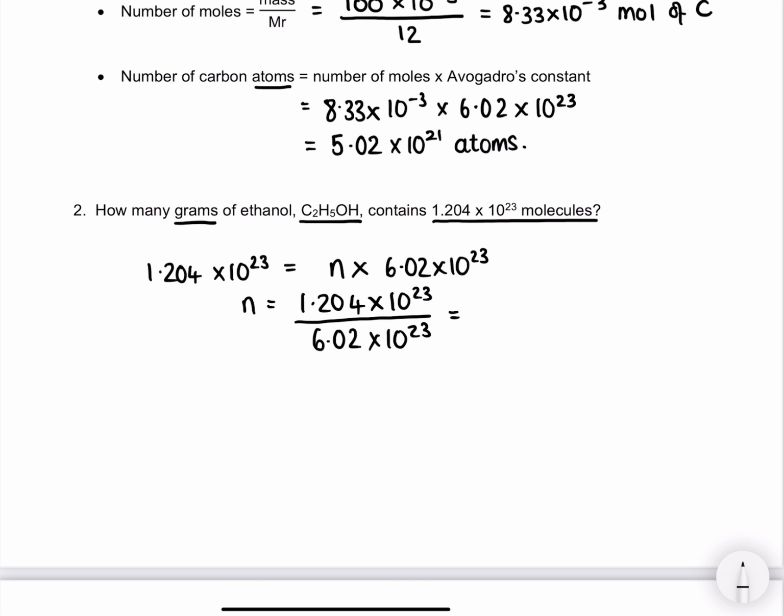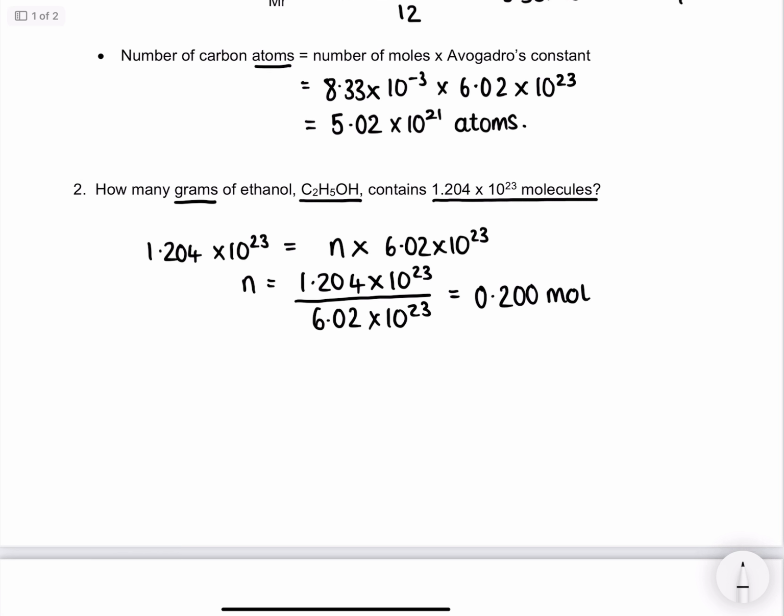So again, using your calculator, we're getting 0.200 moles to 3 significant figures.